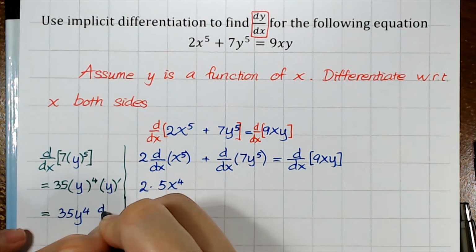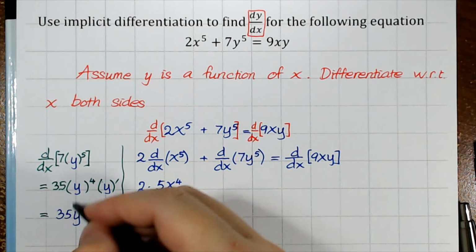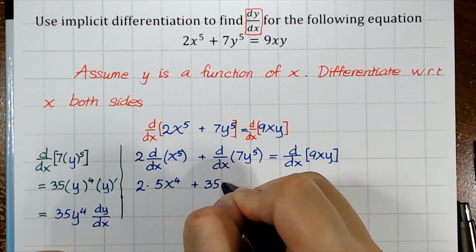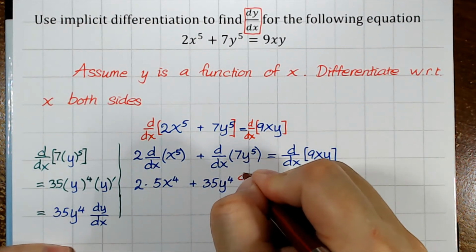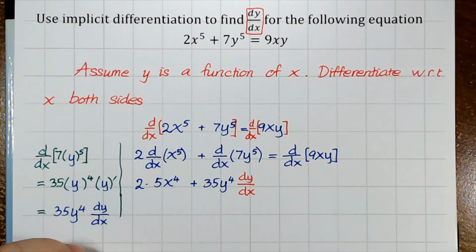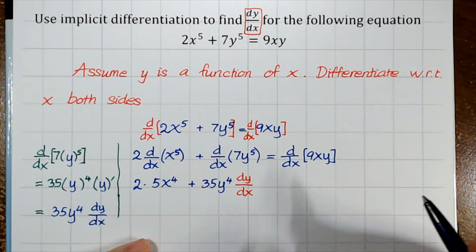I will write this to be more specific, derivative of y with respect to x. So that's what we have. So we have 35y to the fourth power, and then dy over dx. Right. So that is on this side.